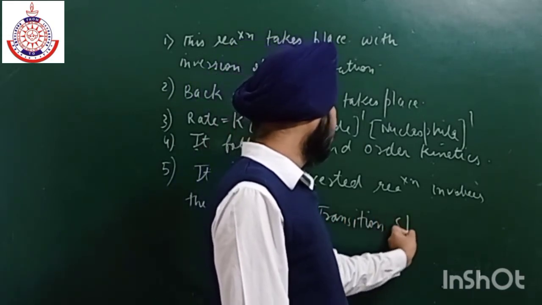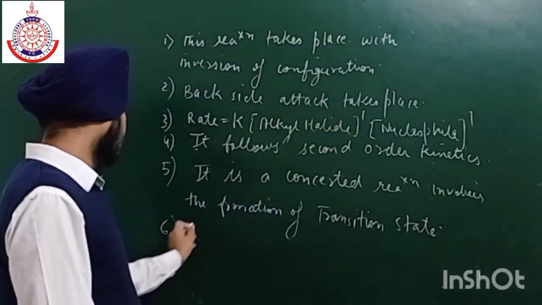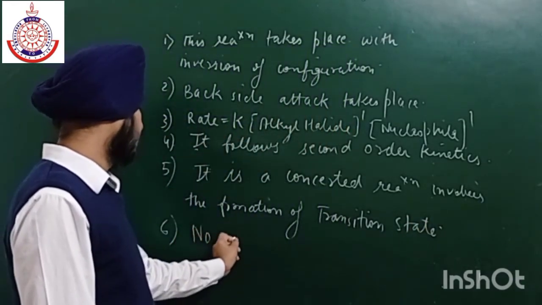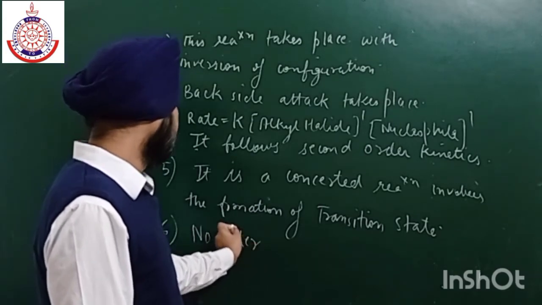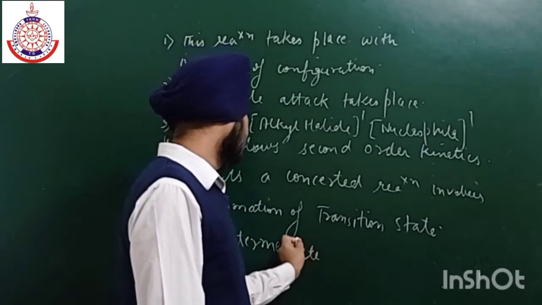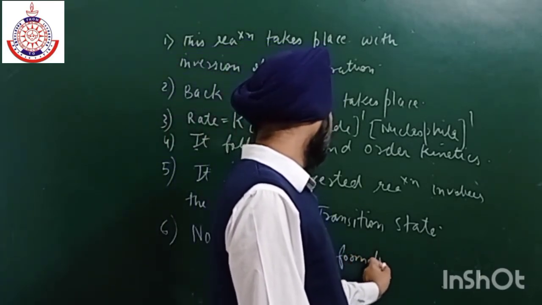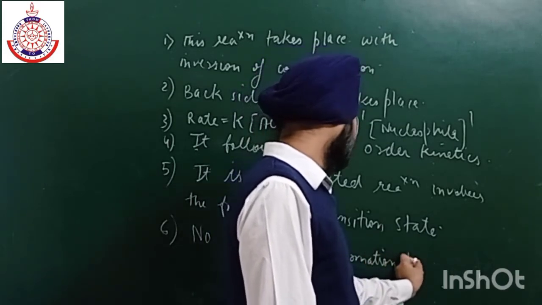It means no intermediate is formed. Okay, तो ये एक 6 पॉइंट भी लिख लेते हैं हम. No intermediate formation takes place.